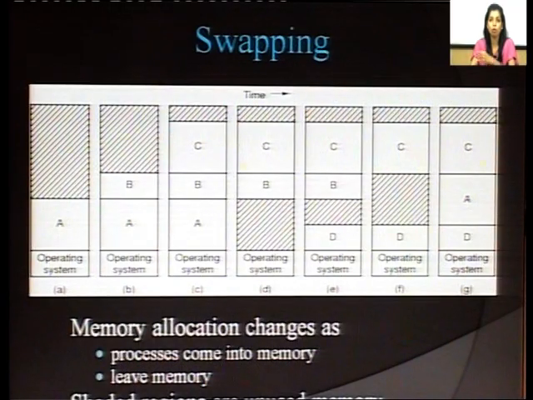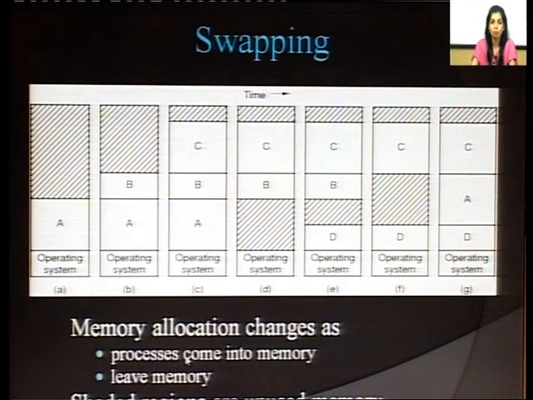Swapping is required when memory is already full. Then the operating system, B and C: A was the first page to arrive, so it is swapped out and replaced by D. D needs more space that is not available, so A has to be replaced by D. Then the operating system, D and C. Then if some process needs page A again, it can be swapped with any page.